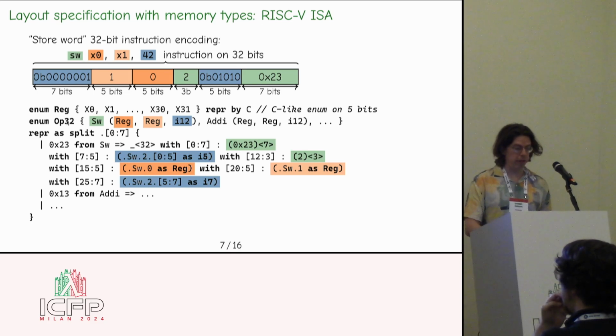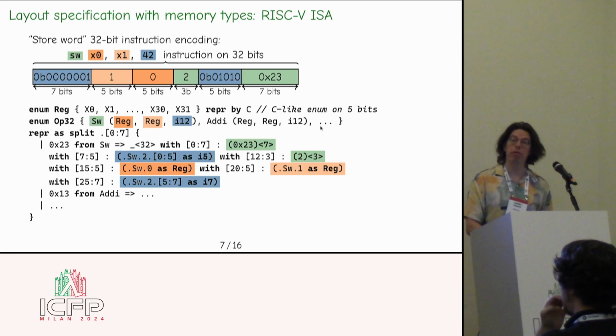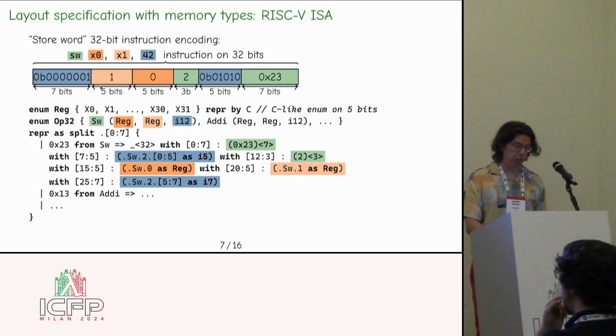And then I have the representation of a 32-bit instruction in RISC-V. It's just a constructor with some register and a 12-bit integer, and then I can have other things. And then I can fully write exactly, with all the ingredients that I gave you in the previous example, this representation.